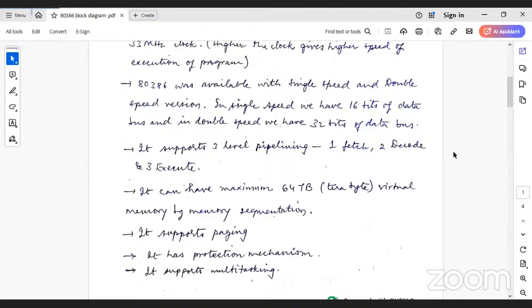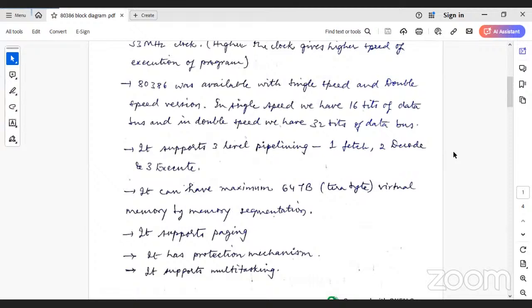So in this way, you will see that 386 was much ahead of the previous processors. Not only the execution speed, but the design itself was such that it could interface a larger virtual memory. It could provide a paging mechanism.